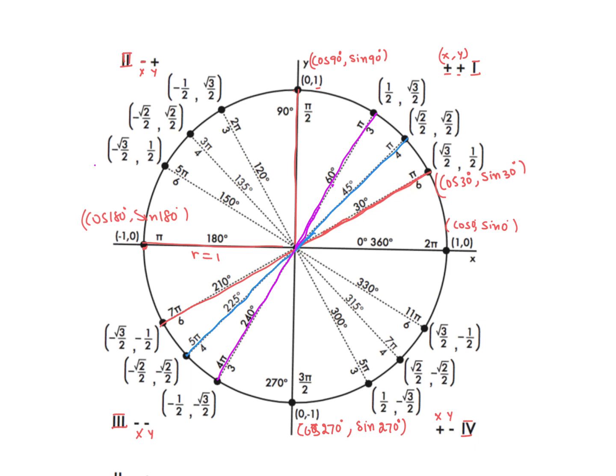If you notice, this is 30 from here and this is 30 from here, because 210 minus 180 is 30. So these angles are also the same. If this is 45, this is 45 from here. If this is 60, then this is 60.